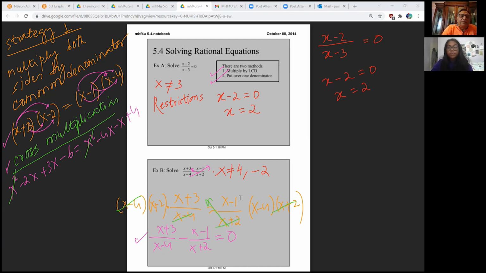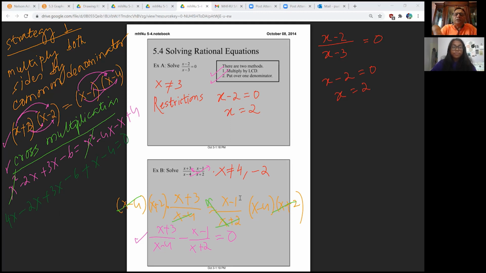Now, the other things we can put together. Bringing this minus 4x, I get 4x here. Then we have minus 2x plus 3x. We have minus 6, and then this is plus x minus 4 equals 0. So I brought all the terms to the left side. I just canceled x squared, right?